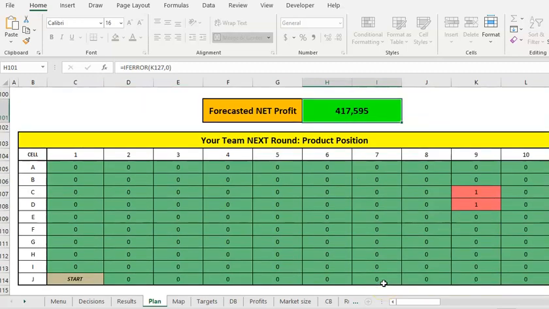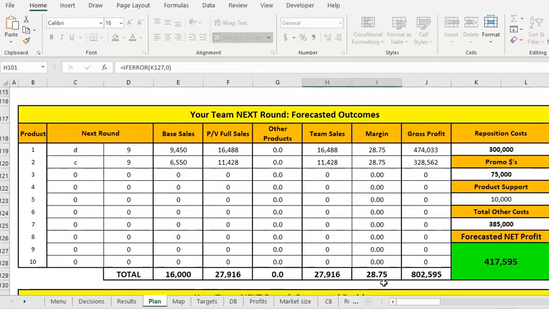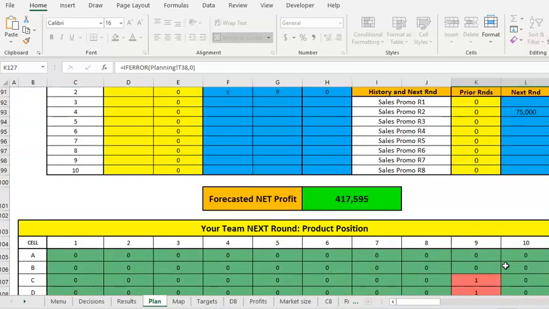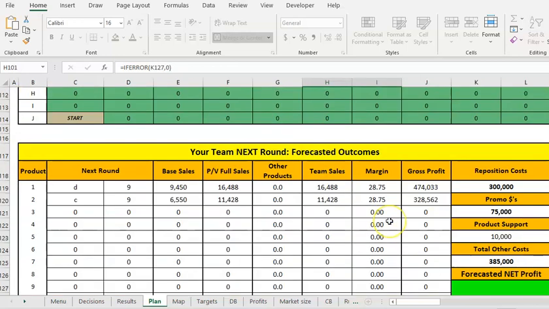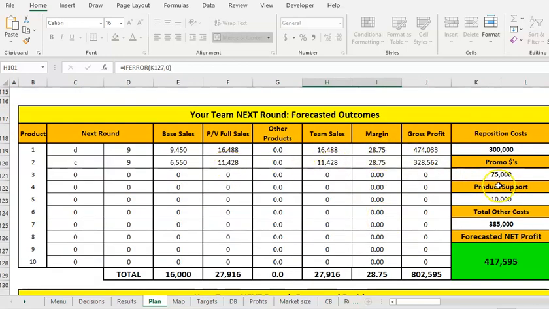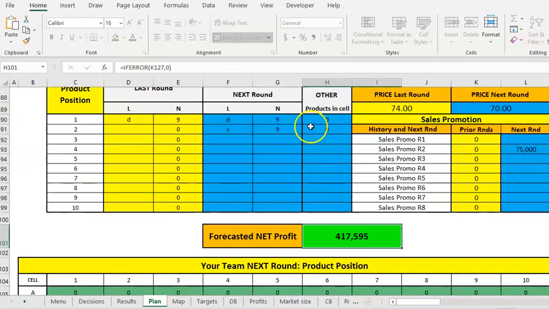Okay, that then tells us where we'll end up, our 2 products, and then basically the breakdown of that 417, which is here, how that is split between the products, the various costs, basically a forecast outcome for us, provided we have predicted that.